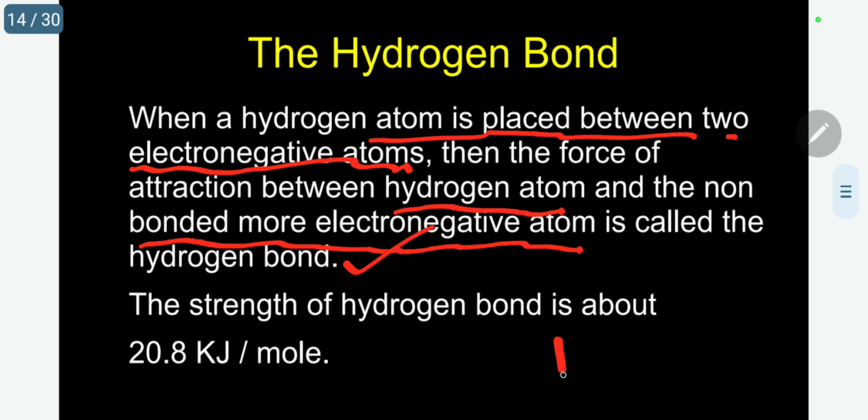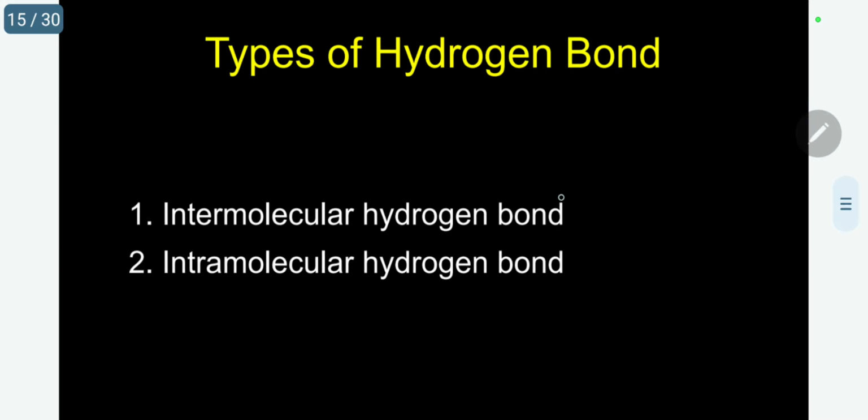There should be hydrogen connected by a bond on one side and by a dot, a force, on the other side. There may be oxygen. This force we call hydrogen bond. I will explain with an example. For information, the strength of hydrogen bond is about 20.8 kilojoule per mole.